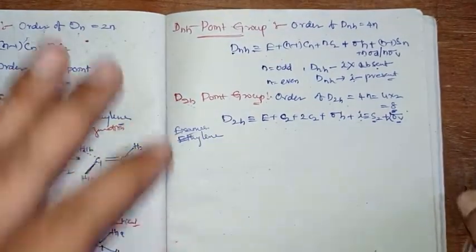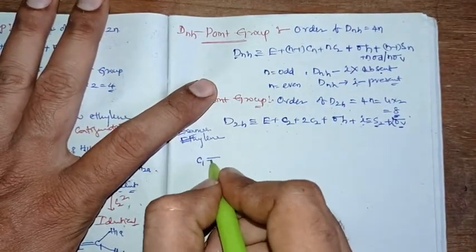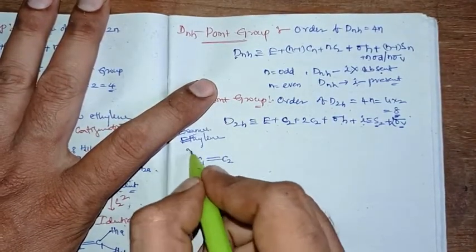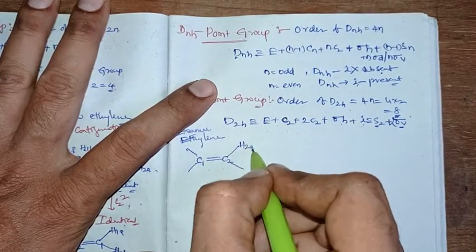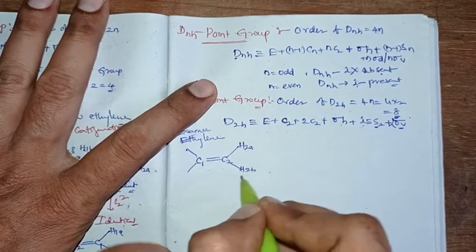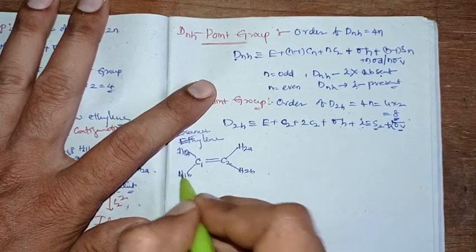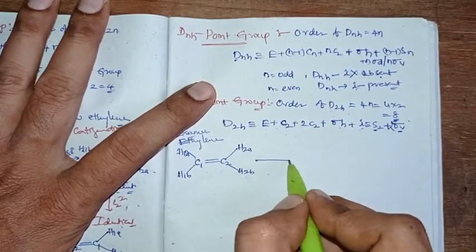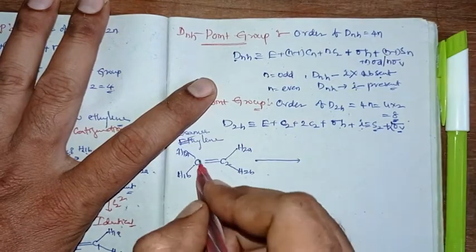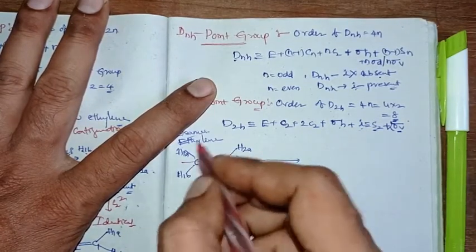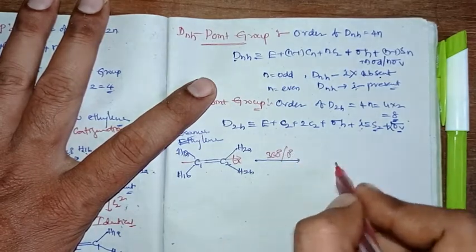The molecular structure of ethylene is a two-dimensional planar molecule. It has H2A, H2B, H1A, H1B. So here, taking an axis passing through, you can take any orientation to have 360 degrees of rotation and 0 degrees of rotation.